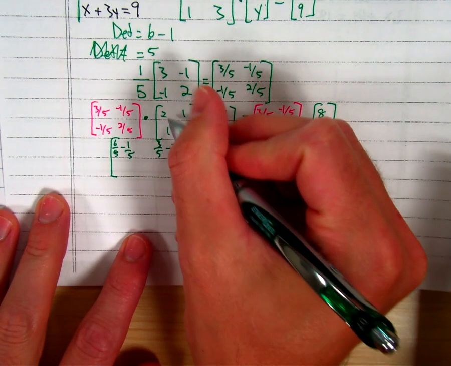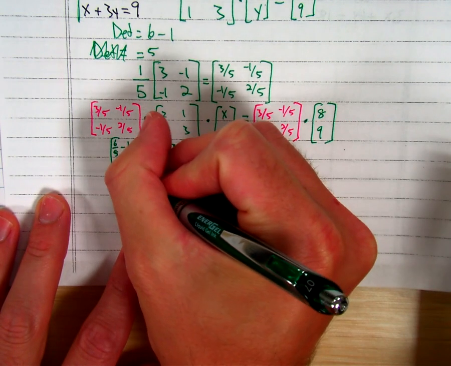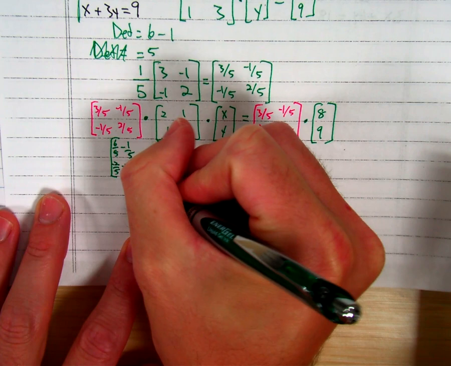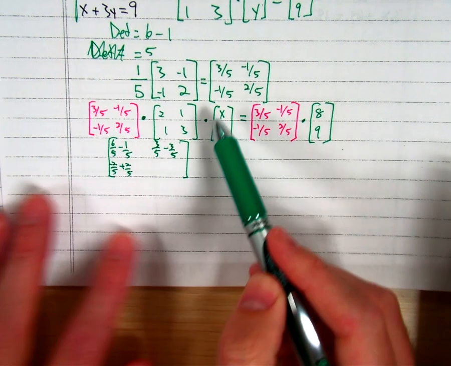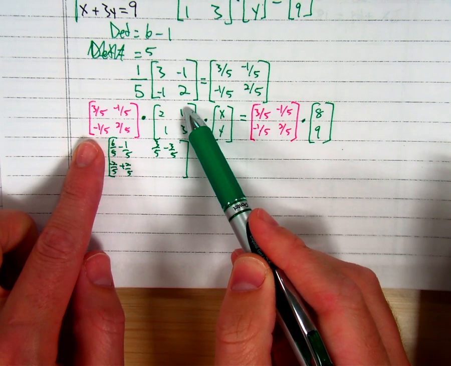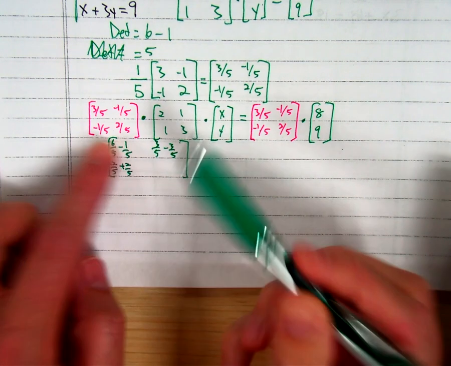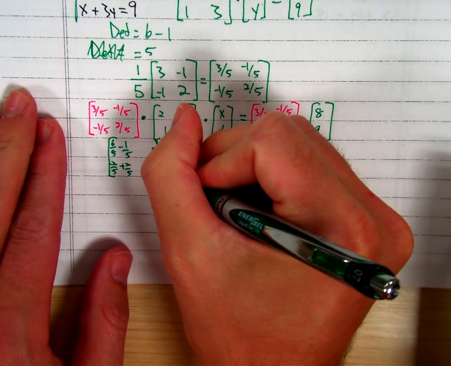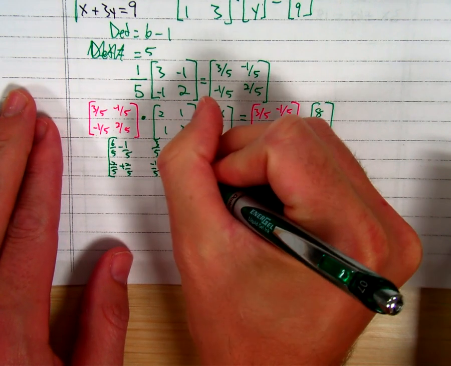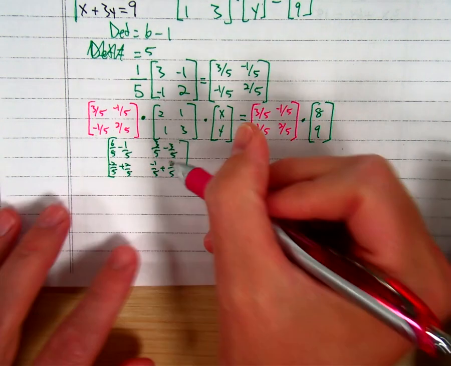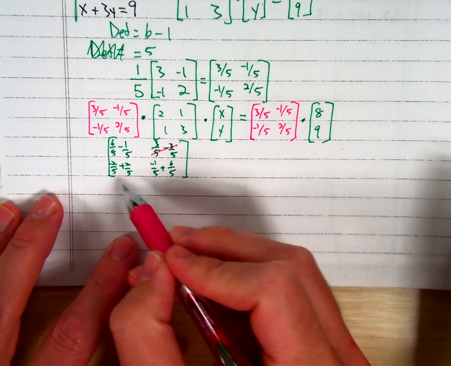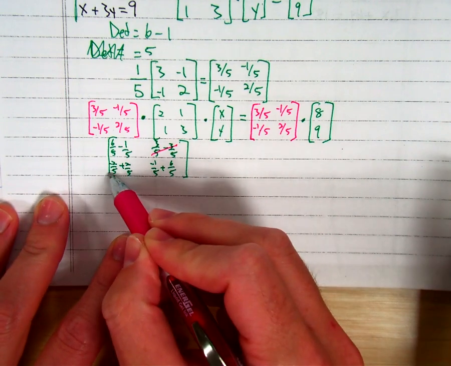So it's negative 2/5 and positive 2/5. And then bottom row right column, we'll have negative 1/5, and then 2/5 times 3 is going to be 6/5. Okay, so looking at this, 3/5 minus 3/5 is going to be 0. Negative 2/5 plus 2/5 is going to be 0.